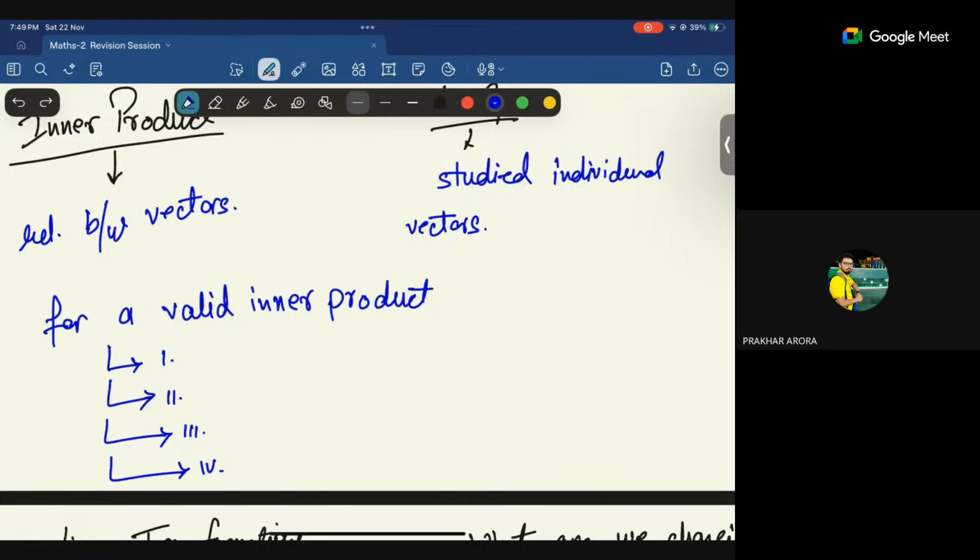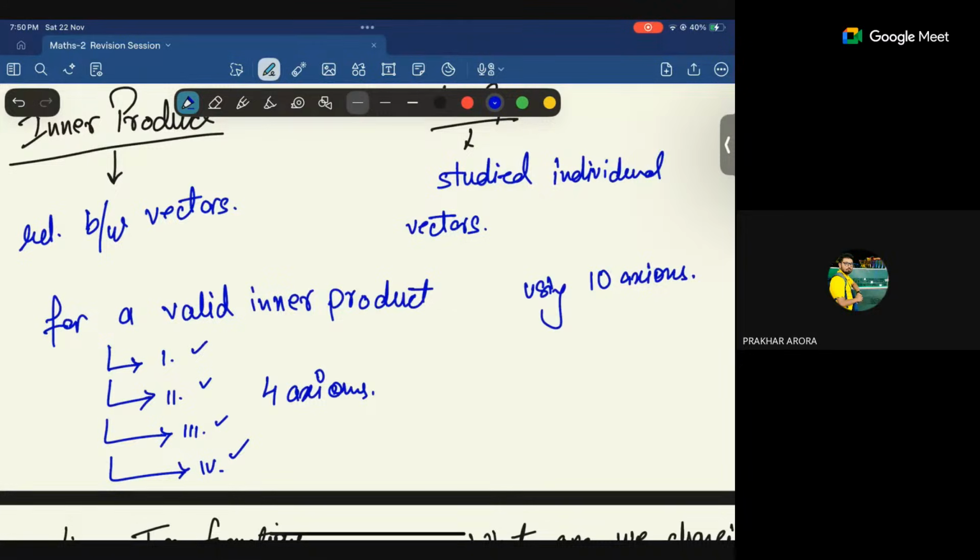There you proved it using 10 axioms. Here you have to prove it's a valid inner product using 4 axioms. If and only if all four of them are true, then only you can say that this is a valid inner product.